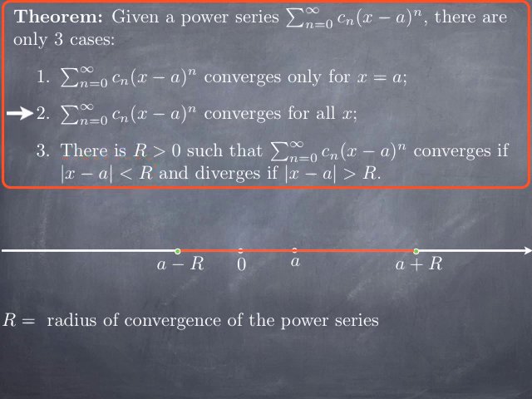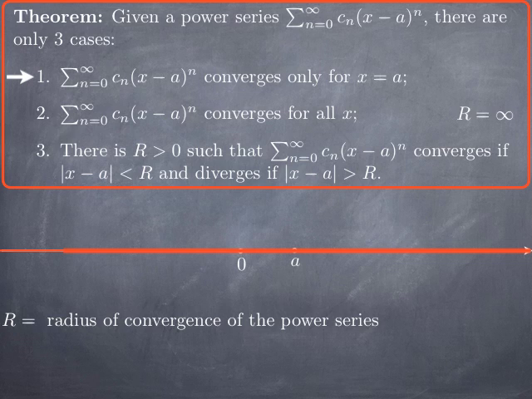In this case 2, where it's converging for all x, we can think of it as a particular case of case 3, where R is infinite, and therefore our interval centered at a extends all the way across the real line.